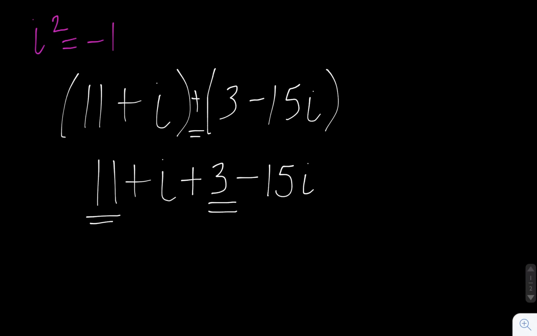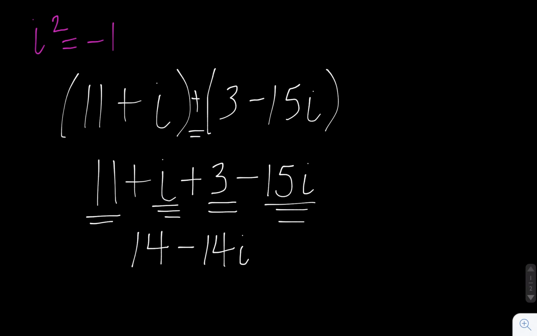So that would be 11 plus 3 would give us 14. All right, now let's combine our i terms, our imaginary numbers. So let's say we do this one and this one, right? So that would be 1i minus 15i. That would give us what? Minus 14i. And that is our final answer.